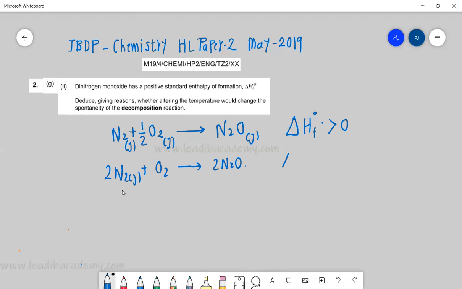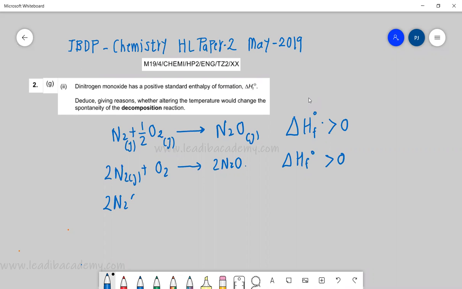Again this delta H f will obviously be positive. Now if we reverse this reaction, because they are asking about the decomposition reaction, we need to reverse this.